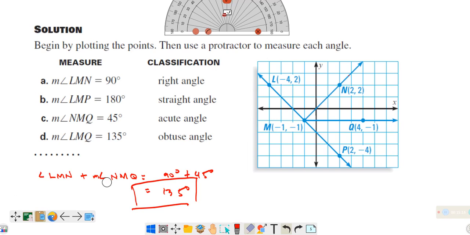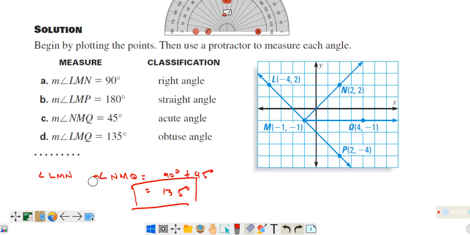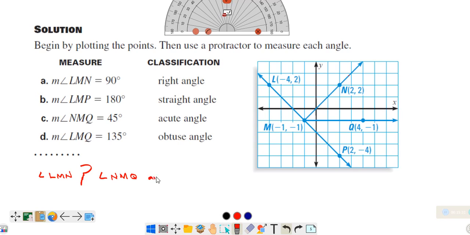So, angle LMN and angle NMQ are adjacent. Bakit sila naging adjacent? Hanapin natin ang common vertex at common side.